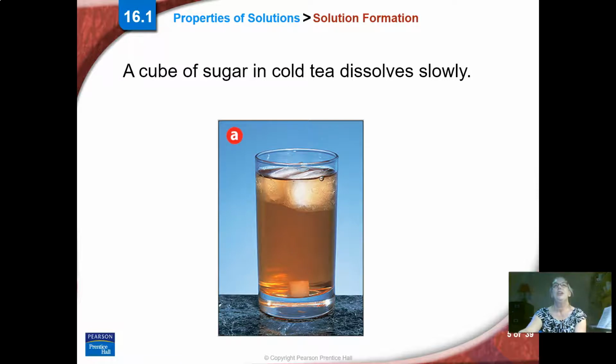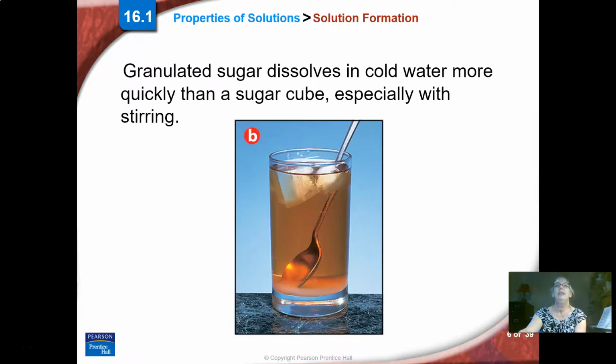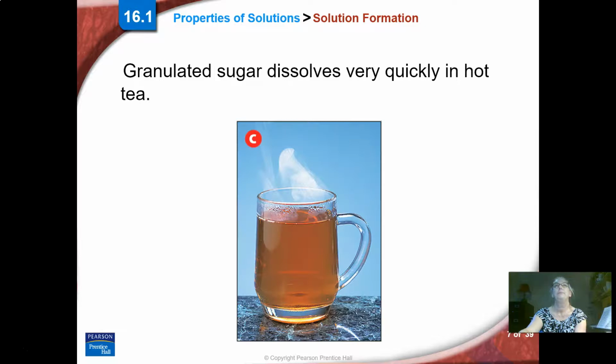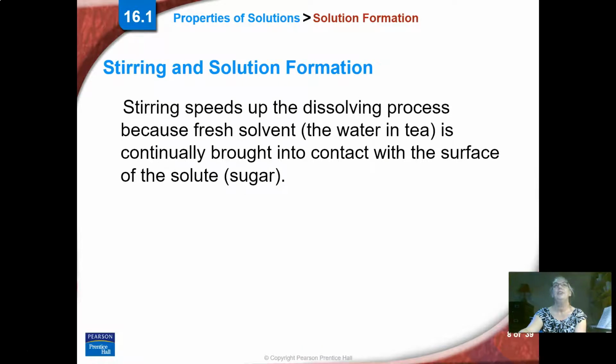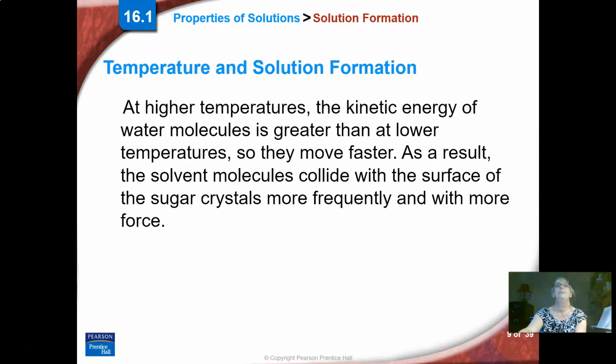This is showing that a cube of sugar will dissolve really slowly compared to granulated pieces of sugar, which dissolve a lot better. Hot tea or coffee makes it a lot easier to dissolve that sugar. And stirring allows fresh solvent to get near the solute and dissolve it. In higher temperatures, we have faster moving particles.